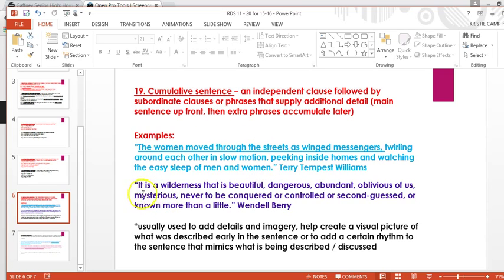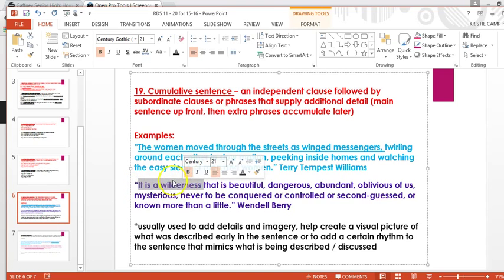Here's another one. It is a wilderness that is beautiful, dangerous, abundant, oblivious of us, mysterious, never to be conquered or controlled or second-guessed or known more than a little. Your main sentence is right here: it is a wilderness. And then everything else is added extra information. That makes it a cumulative sentence. You may want to use a cumulative sentence to add details and imagery or to help create a visual picture of what you've been describing.